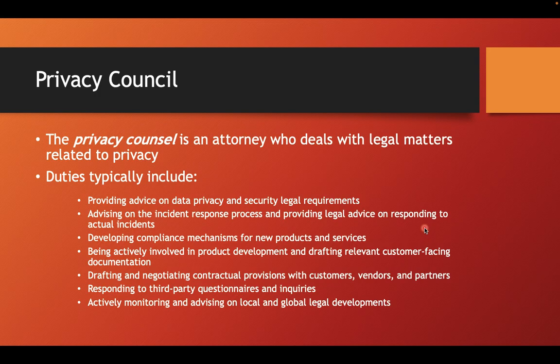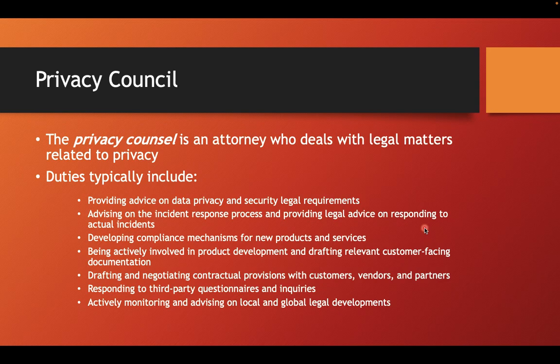You're going to be providing advice on data privacy and security legal requirements. You're going to be advising on the incident response process and providing legal advice on responding to actual incidents. You're going to be actively monitoring and advising on local and global legal developments.